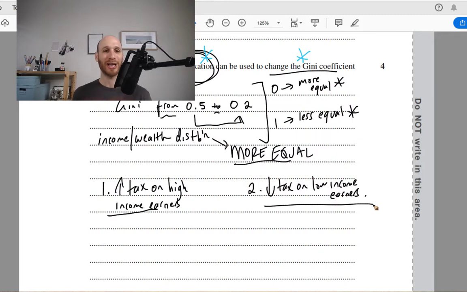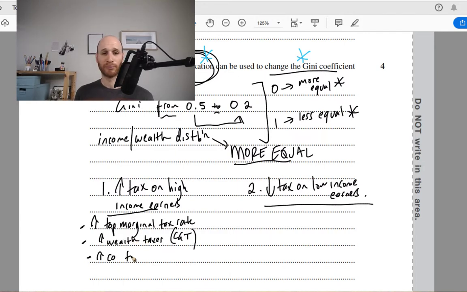One thing is you want to increase the tax on high income earners or reduce the tax on low income earners. That will help everyone come back to the middle. So if we're going to increase tax, what are the kind of things we could do? To increase the tax on the wealthy, we could increase the top marginal tax rate because that's going to affect the highest income earners.